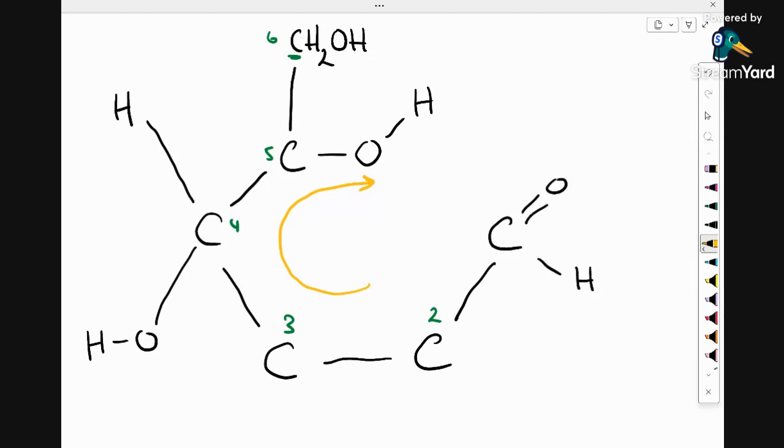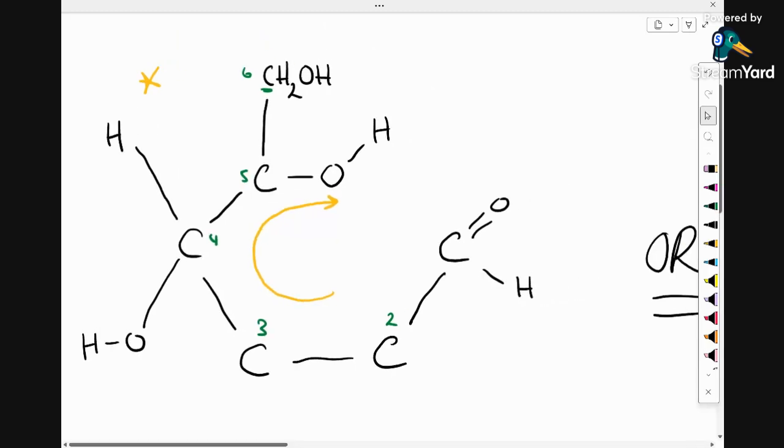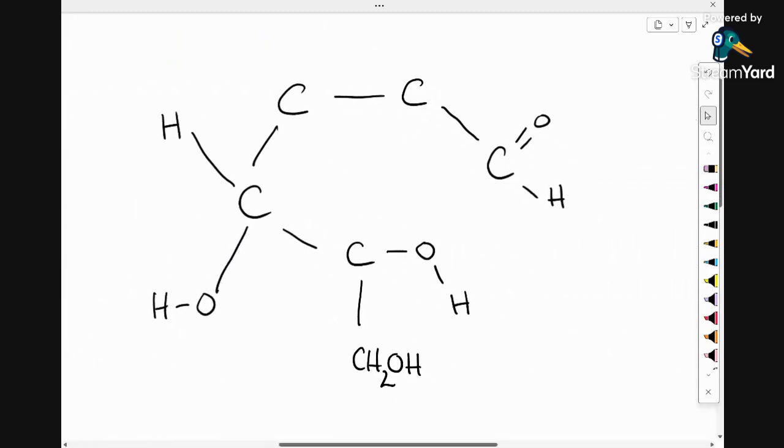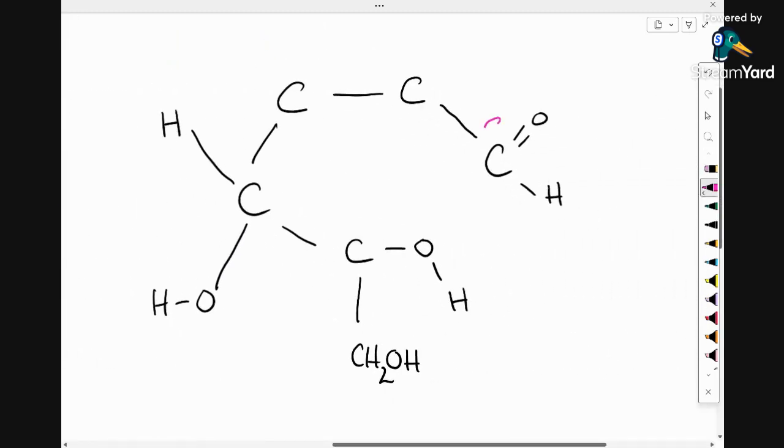Now, before we do this reaction, this is the one I'm going to focus on for our purposes. However, it's worth bearing in mind that this is a linear molecule. These carbon-carbon single bonds are rotationally not restricted, so they can move around, they can rotate, and hopefully you can appreciate we have another scenario here where again our aldehyde functional group is here. This is carbon 1, 2, 3, 4, 5, and carbon 6 down here. I've just bent this round the other way.